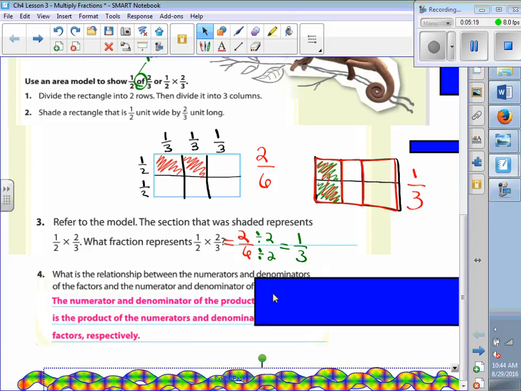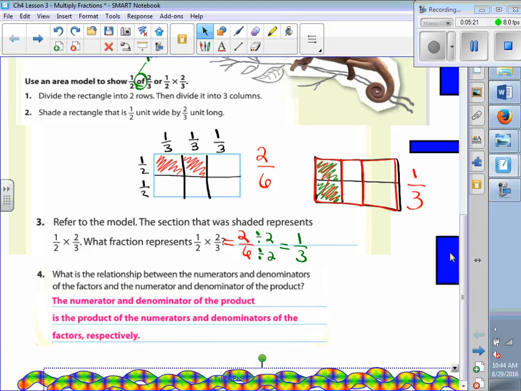Well, the numerator of the product is the product of the numerators, and same thing with the denominators. Okay? So, in other words, we just multiply the numerators and we just multiply the denominators. That's all you have to write.